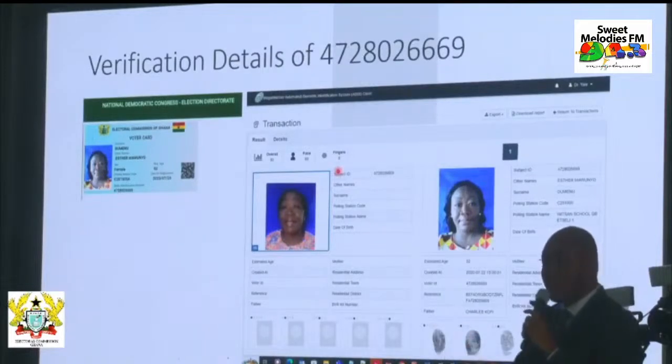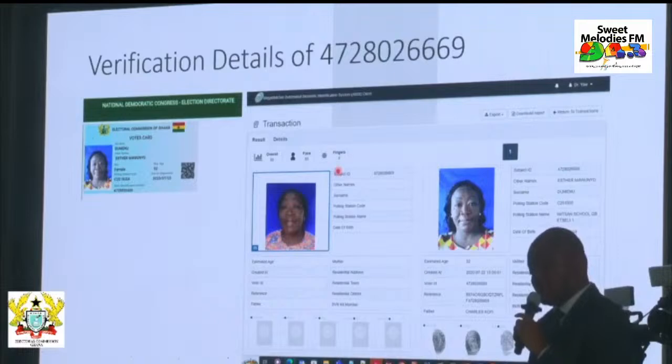So this transfer was not done in a vacuum. It was done by an individual, and there's evidence to show that indeed she presented herself to do that transfer. So the path is there. So we do not understand what is meant by there are unidentified paths towards a transfer.